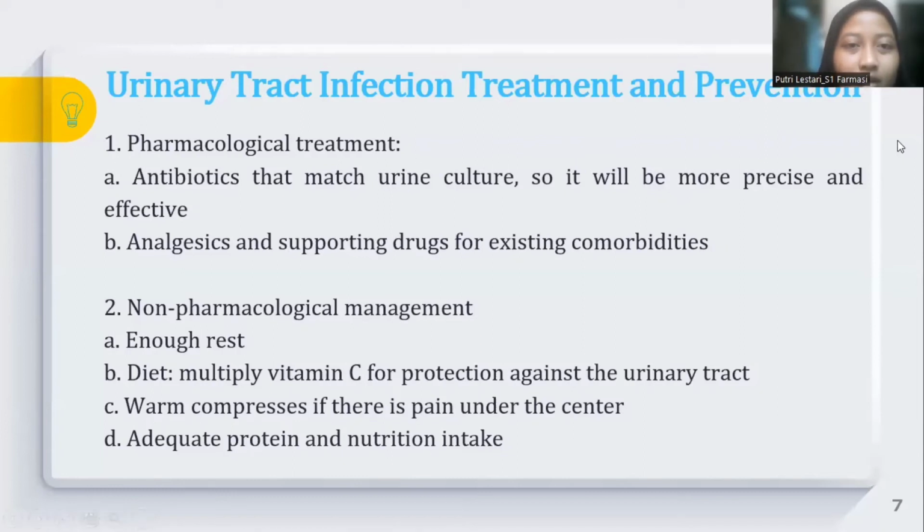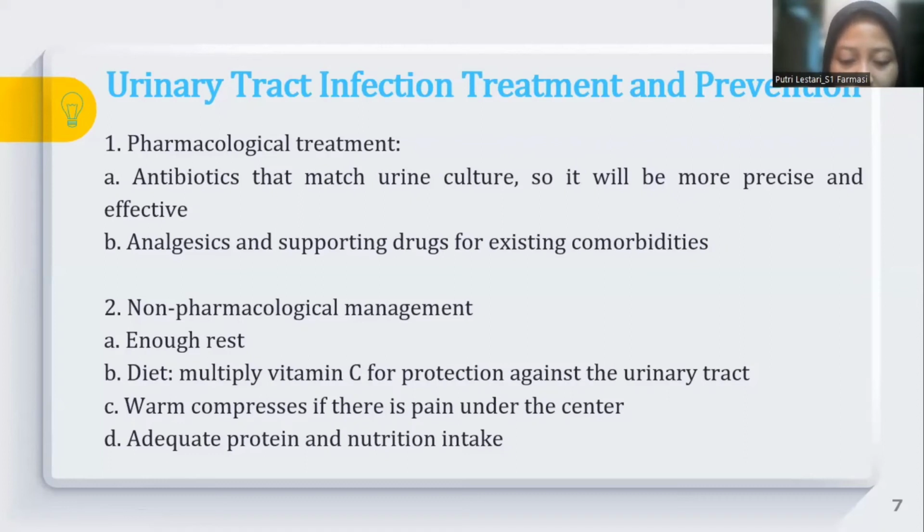Urinary tract infection treatment and prevention. 1. Pharmacological treatment. A. Antibiotics that match the urine culture, so it will be more precise and effective. B. Analgesics and supporting drugs for existing comorbidities.